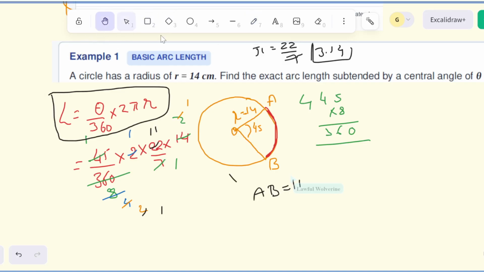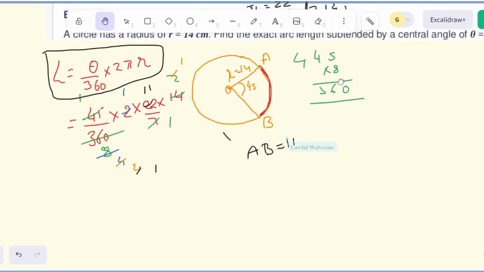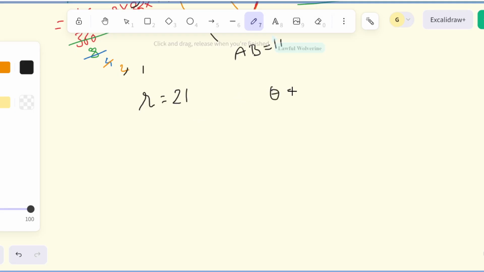So I can create one more question for us. Let r be given as 21. R is 21 and the theta, let it be 90 degrees. And let's find out the length of the arc.